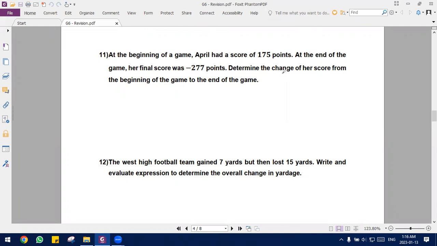Determine the change. Remember there's a formula for the change. We said that the change is equal to the ending point minus the starting point, or ending value minus the starting value. So the ending point, what is it? The end of the game is minus 277.